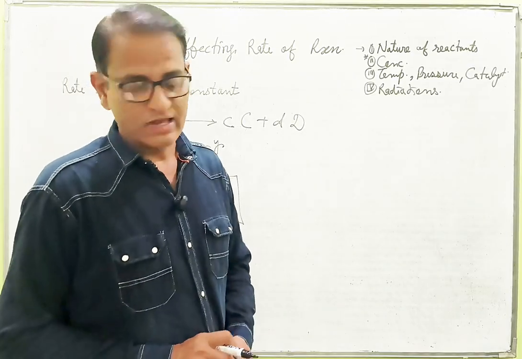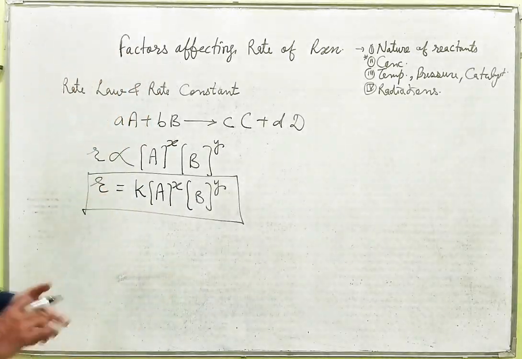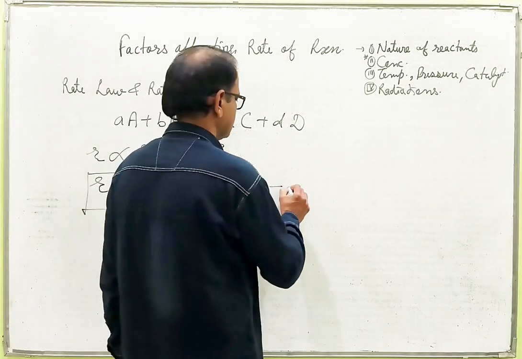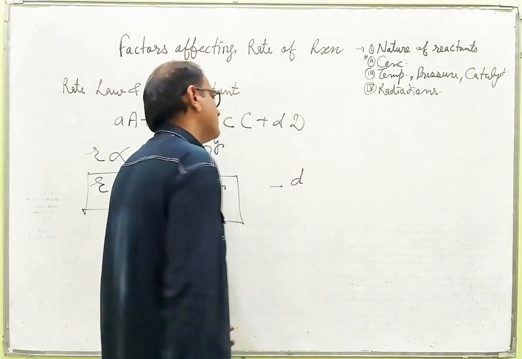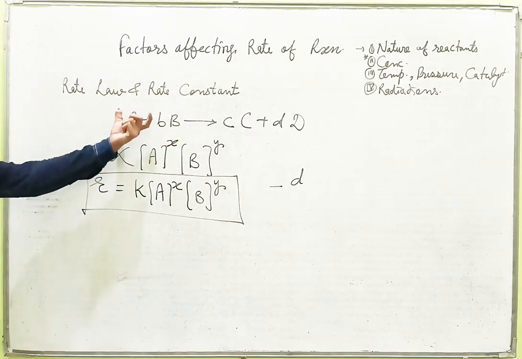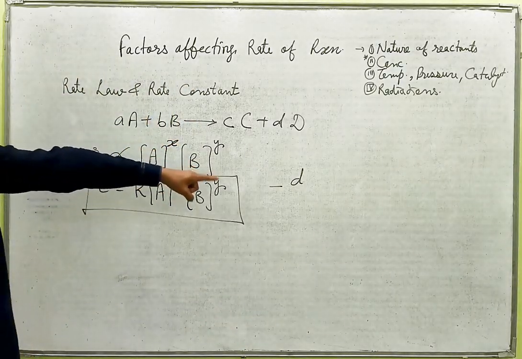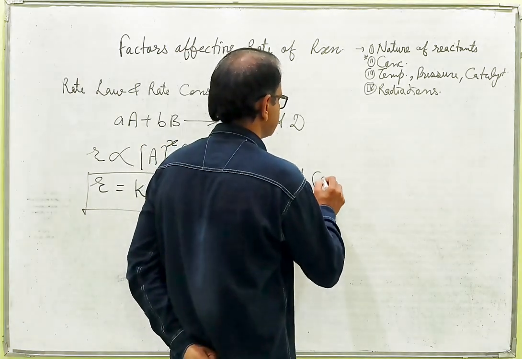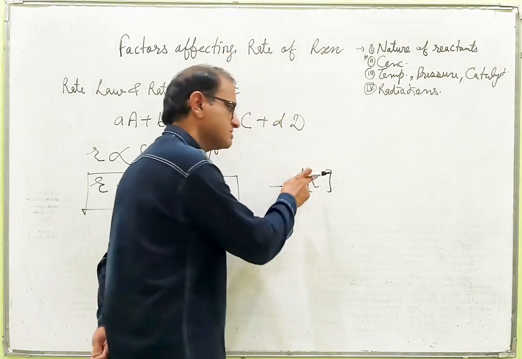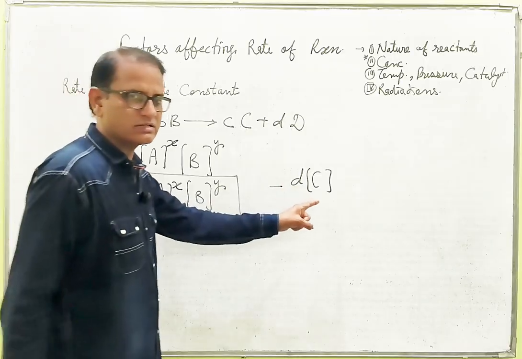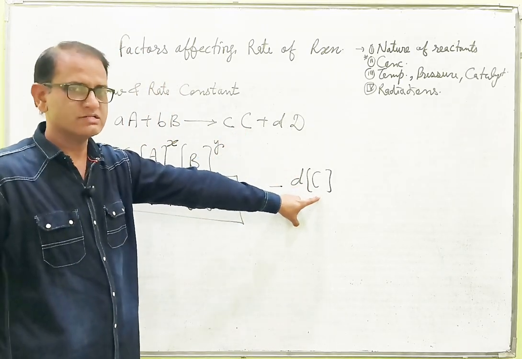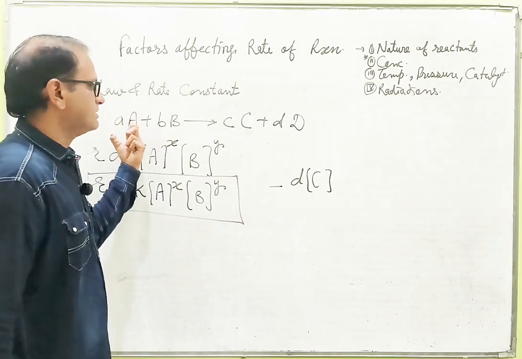And we know that rate is equal to what? Rate is minus, because we are taking the concentration of a reactant, that is why minus. So minus delta C. C means concentration, okay. You don't understand this C? C means here the concentration. Concentration of what? Reacting species.